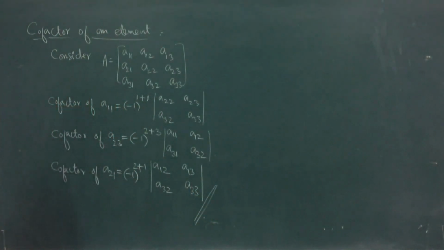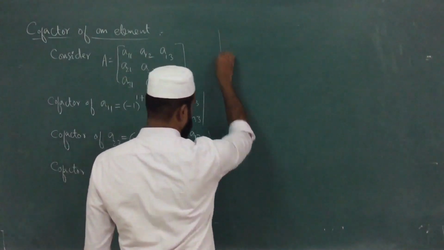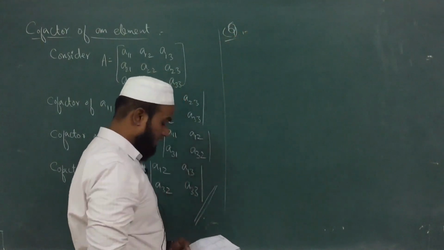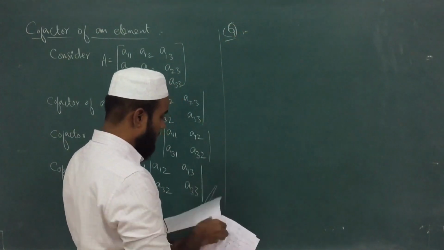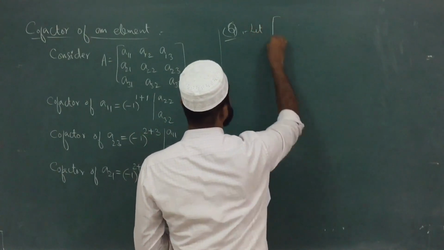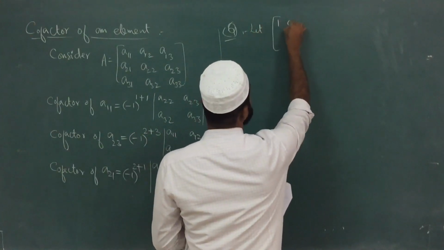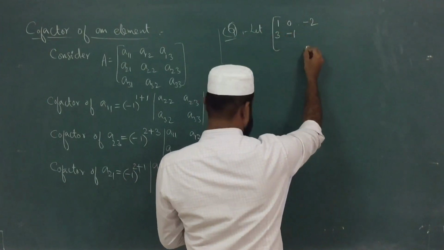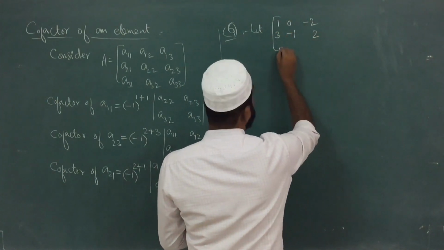Now we will see one simple problem. One matrix will be given: the matrix is 1 0 minus 2, 3 minus 1 2, 4 5 6.